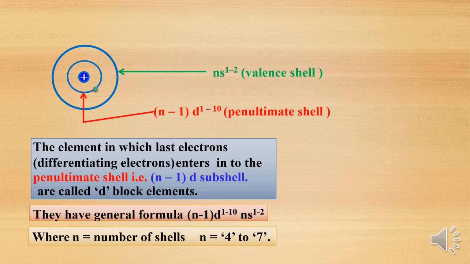From the 4th period to the 7th period there are d block elements.